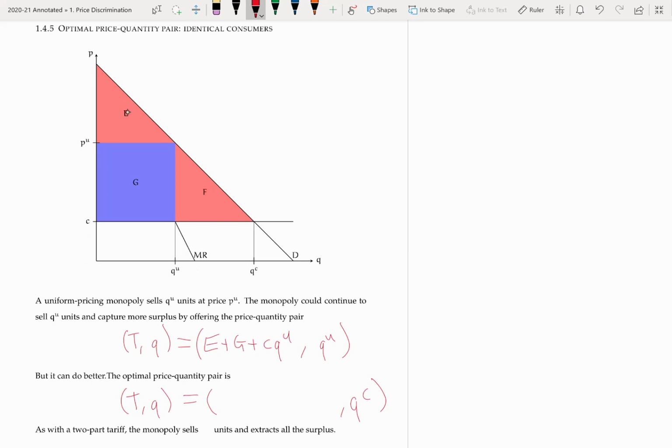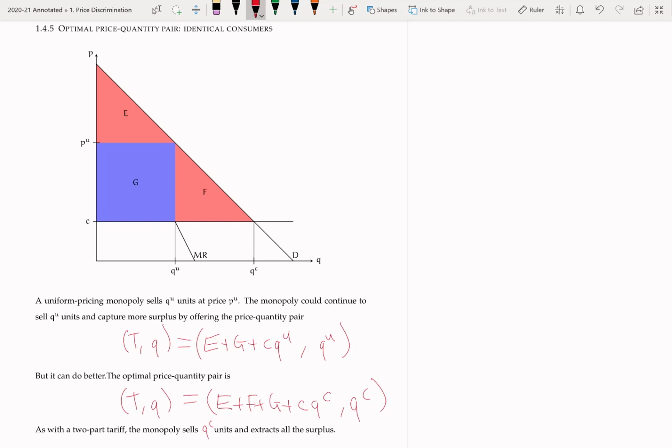So it's going to be E plus F plus G plus this area here, this rectangle, which has an area of C times QC. So the monopolist is going to sell QC units and extract all the surplus.